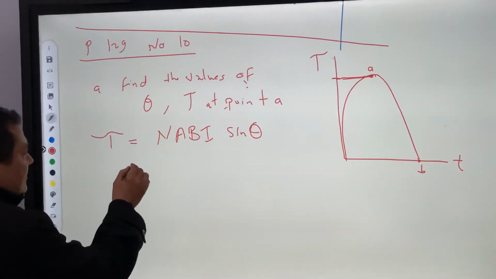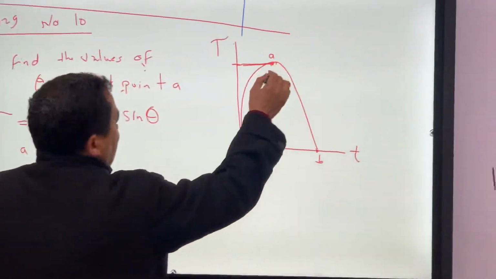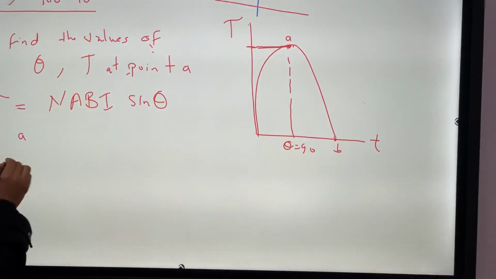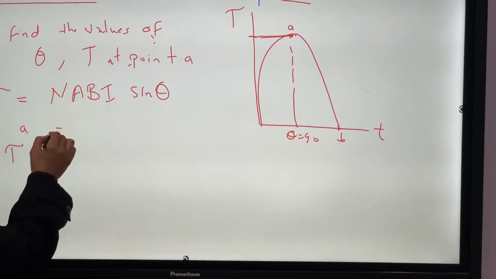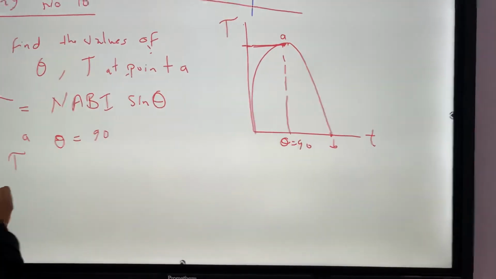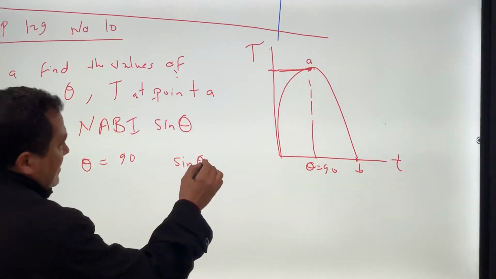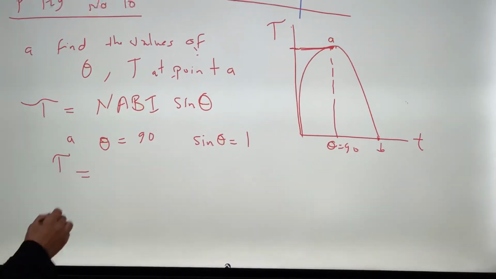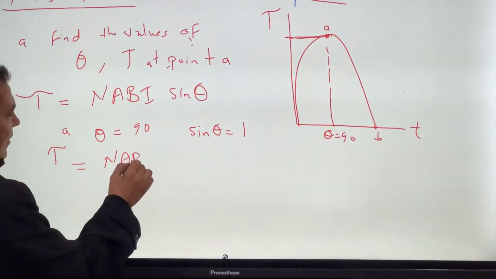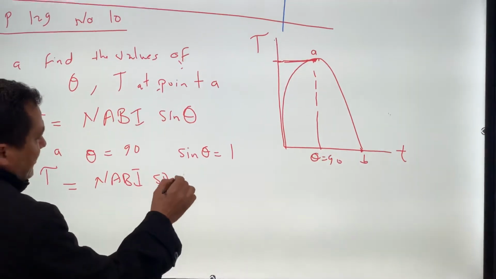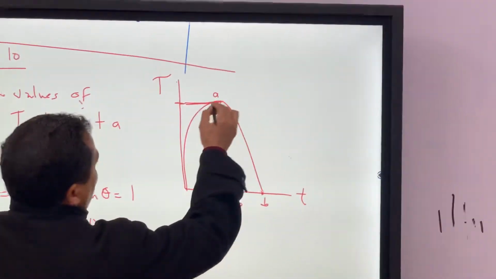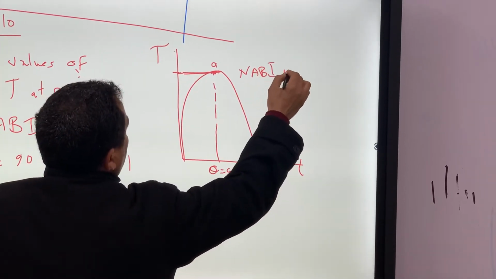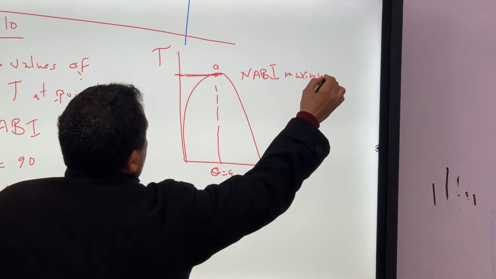At this point, angle theta equal what? Angle theta equal 90. So sine theta equal 1. So the torque equal NABI sine 90, so this value expresses NABI. This is the maximum torque.